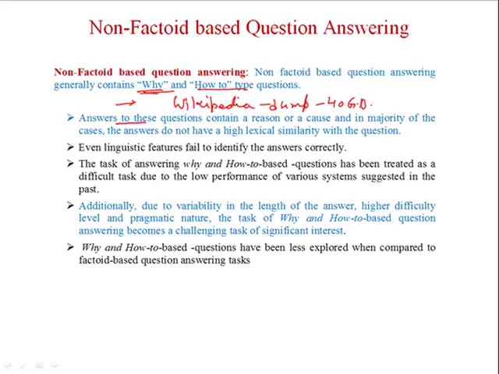Actually, the answers to these questions contain a reason or a cause, and in the majority of cases the answer does not have a high lexical similarity with the question. For example, suppose we ask why the sky is blue, then the reason behind the blue color of the sky may be scattering of air or some other situations, and these are not directly related to blue color.